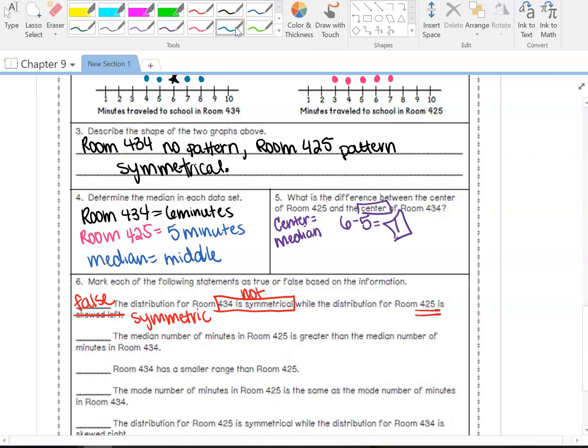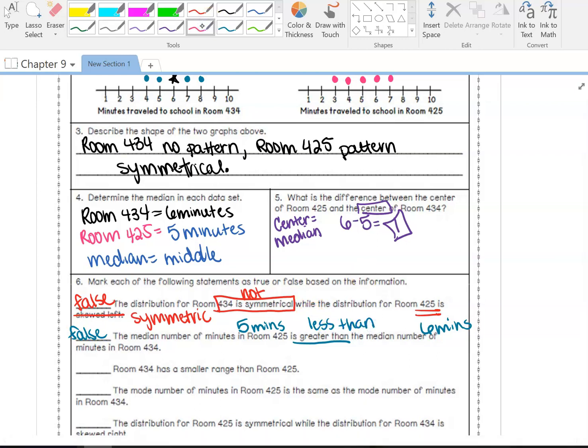The median number of minutes in room 425 is 5 minutes, is greater than the median number of minutes in room 434. So that would be 6 minutes. So this is false, because this is actually less than.